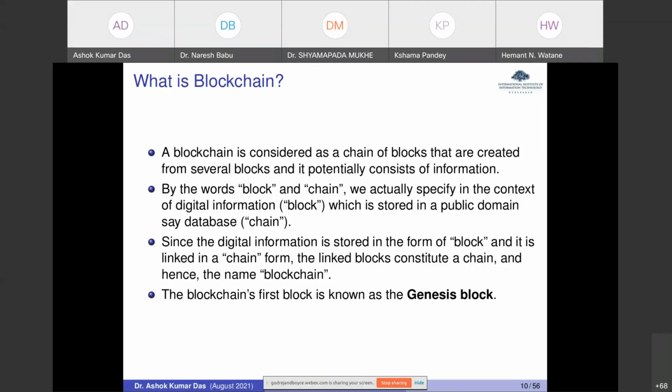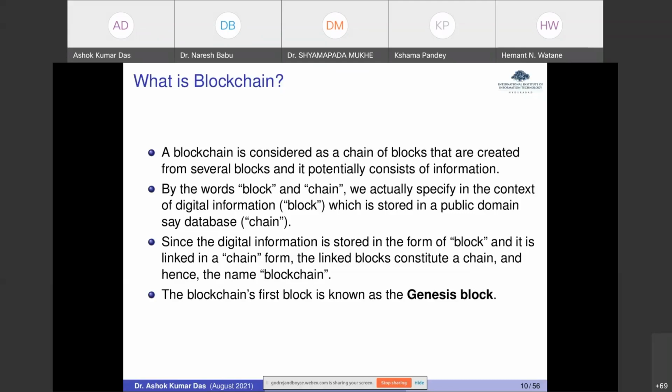Now, blockchain contains two words, one is block, another is chain. So what is the meaning of block here? Block refers to digital information which is put in the blocks. And obviously the blocks need to be stored somewhere, for example, in some public domain, such as a cloud database, so that will constitute a chain.